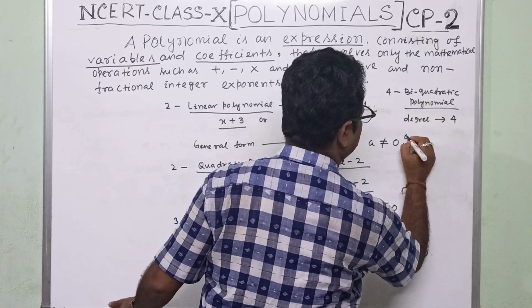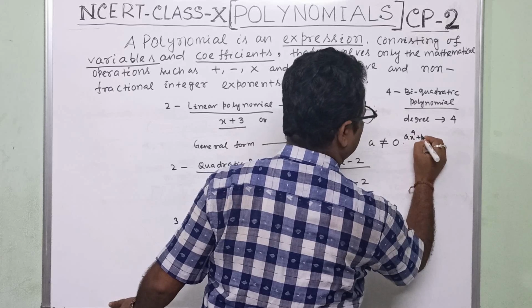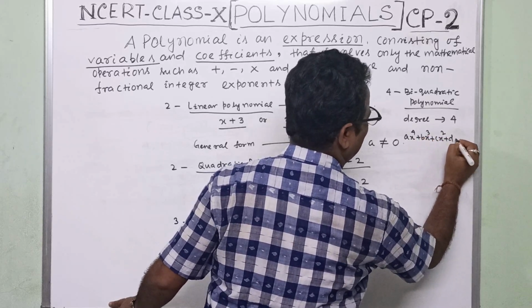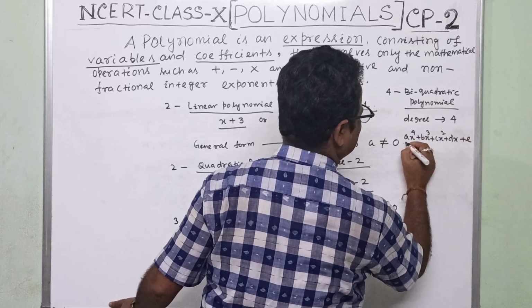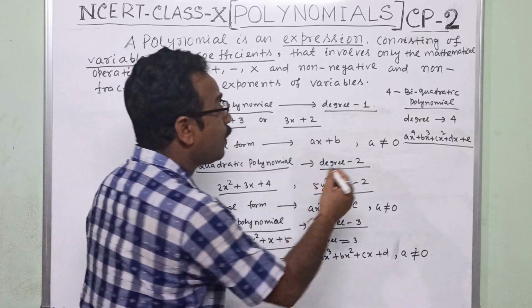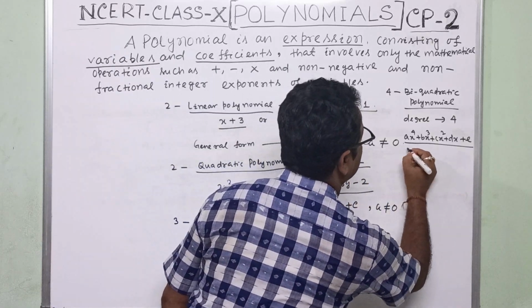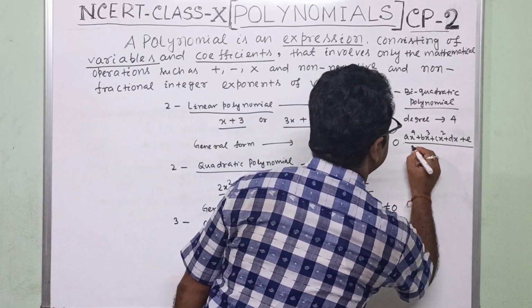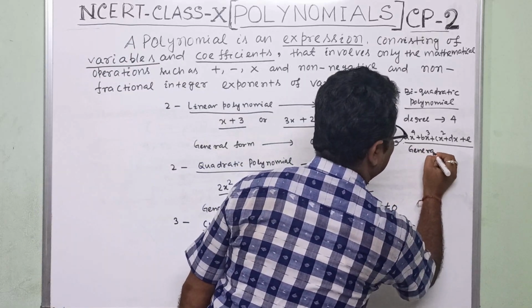So suppose given ax to the power 4 plus bx cube plus cx square plus dx plus e. This is given. Degree 4. This is your general form.